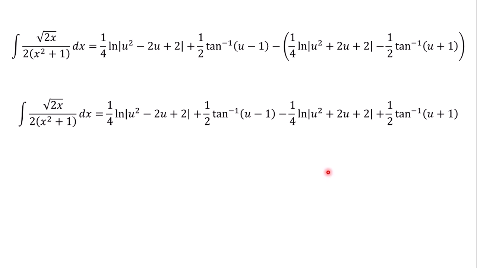Therefore, we cannot add or subtract. Then, what will we do? We will just write it as it is. Just write this one plus this one, or this one plus this one, and that's all.